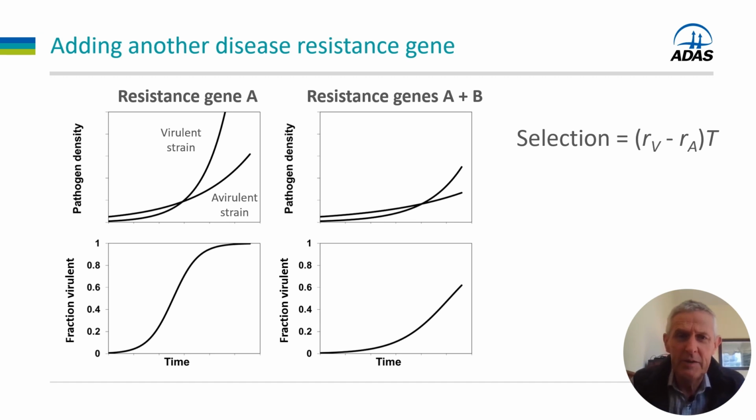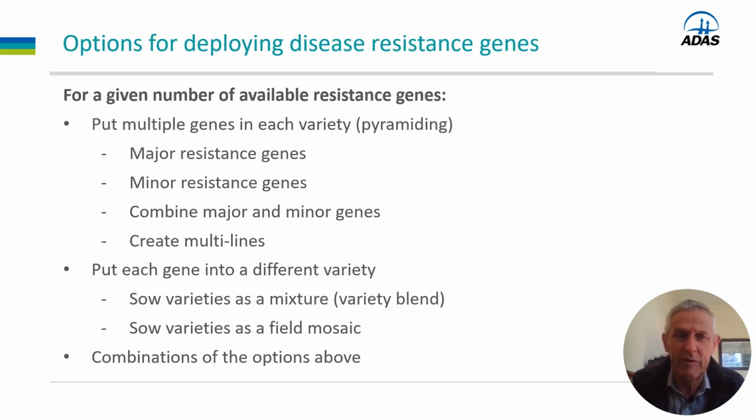So what can we do to exploit this in practice? We have a number of options for how we could deploy a given number of available resistance genes. So the first of them is to stack multiple resistance genes into each variety, a process which is called pyramiding for reasons we'll see in the next slide.